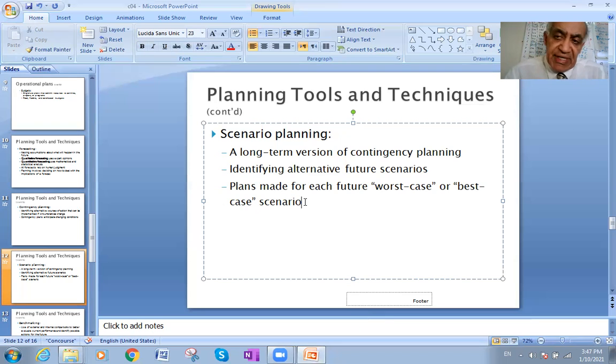What will happen in case the inflation increased? What will happen in case the inflation decreased? What will happen if the market was booming? What will happen if the market was not booming and was going down? So we have to make scenarios.